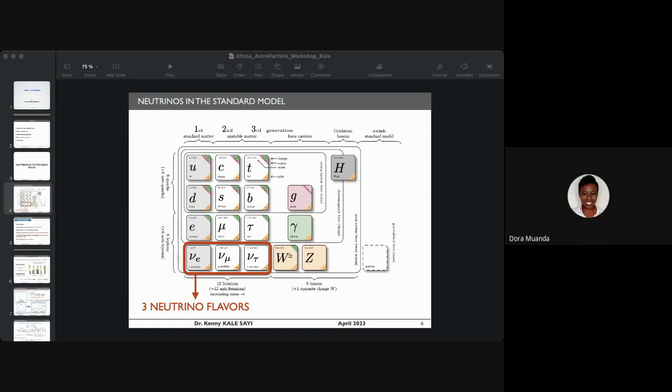Or maybe you can put a general question in the chat, and if somebody has the answer, or it's a collaborative answer, maybe they can help each other.